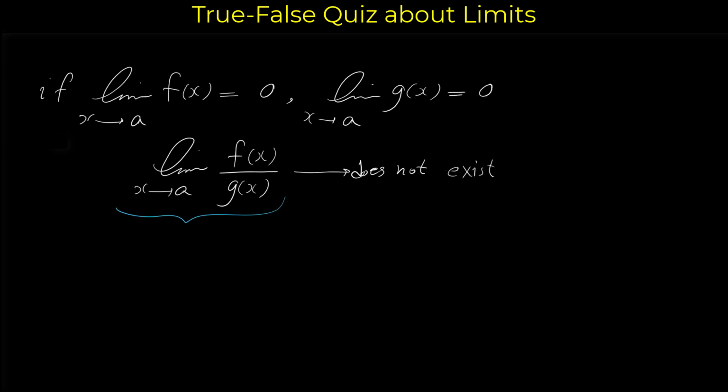This given limit is in the form of 0 over 0, because note that when x approaches a, limit of f of x is 0 and limit of g of x is also 0. So this given limit is in the form of 0 over 0, which is an indeterminate form.